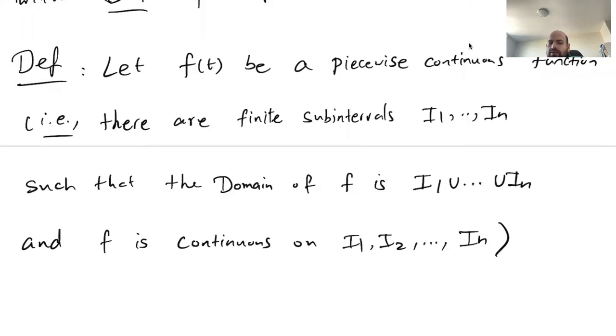So f is continuous on each interval separately, and the domain of f is the union of those intervals.